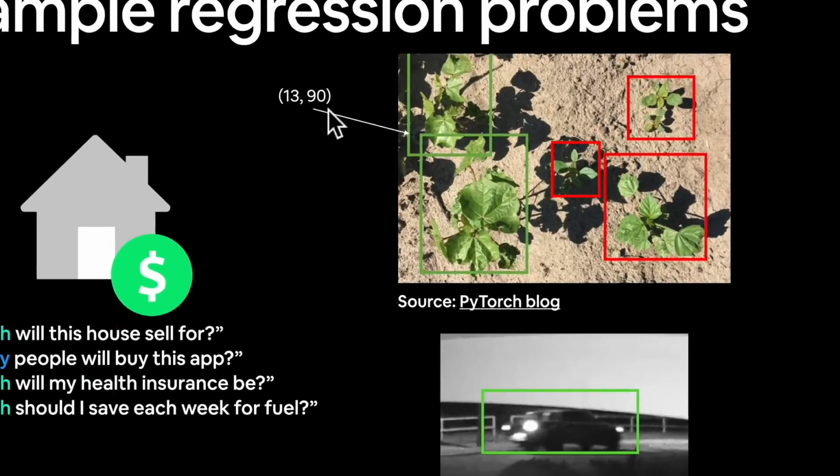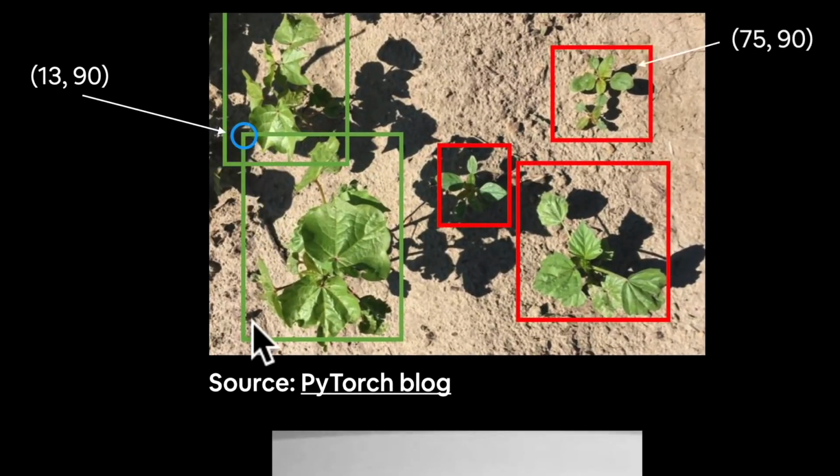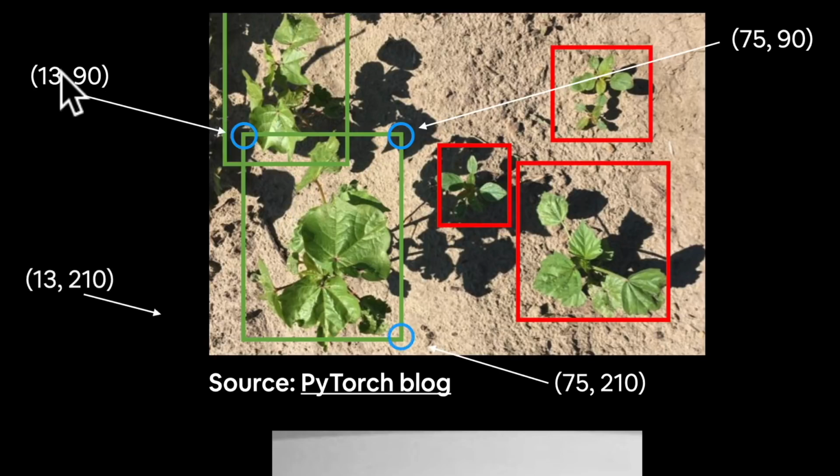trying to predict the coordinates of where the boxes should be in an object detection problem. So these are numbers here. Say we've got 13, 90, so that would be on the x-axis. This corner, the top left corner of this particular box here, should be at 13 pixels in, but 90 pixels down, and so on for the top right corner, the bottom right corner, and the bottom left corner.